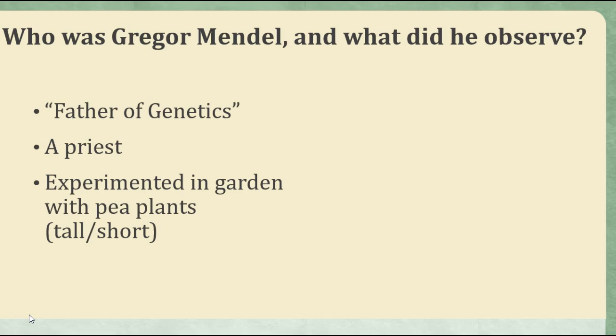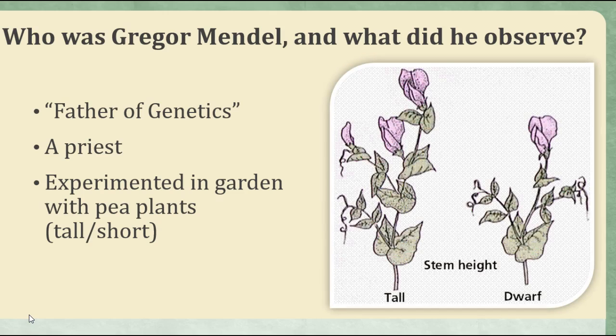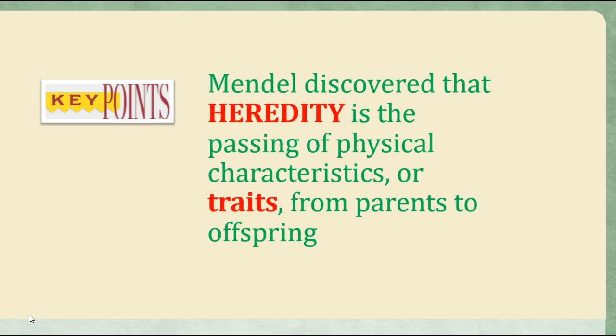He started off with tall pea plants and short pea plants, and he did various crosses with them and made some observations about the offspring. So a key point is that Mendel discovered that heredity is the passing of physical characteristics or traits from parents to offspring.